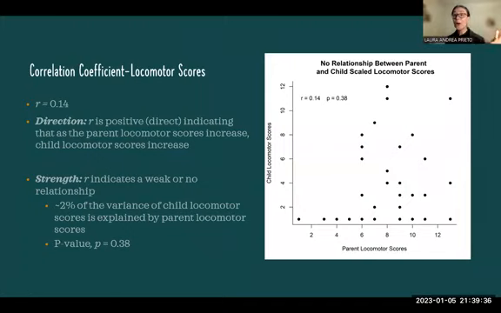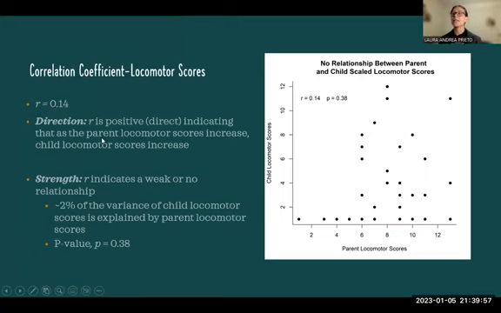All right, so we collected all this data, we looked at the relationship between them, and we're going to walk through my correlation coefficient, each of the different parts that we talked about, and we'll bring you to the conclusion of it. So first, when we calculate the R, or correlation coefficient, we got 0.14.